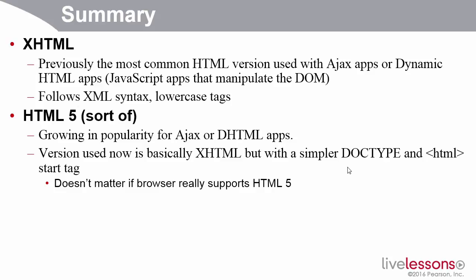In particular, the doc type, the HTML start tag, the script tags, the CSS tags have some simplified versions in HTML5 that are not available in XHTML. But you follow the rules of XML, even though HTML5 doesn't strictly require you to. You always use lowercase tags, use a start tag and an end tag all the time, and so forth.